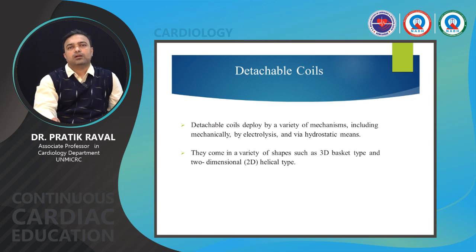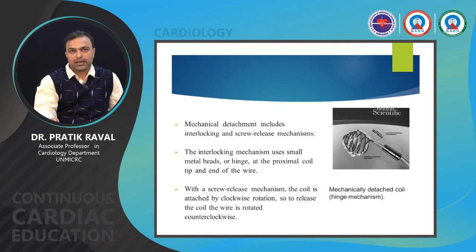Detachable coils. In these coils, the coils are attached to a wire, and once the desirable position is achieved, the coil is detached from the wire. Various detachment mechanisms include mechanical detachment, electrolytic detachment, and hydrostatic detachment. They come in a variety of 3D and 2D shapes. Mechanical detachment systems include interlocking and screw release mechanisms.